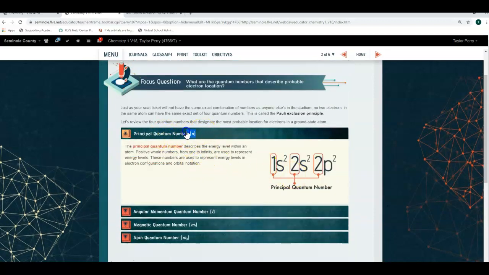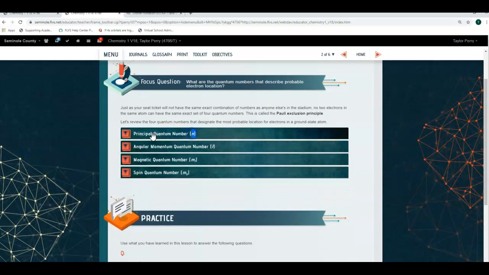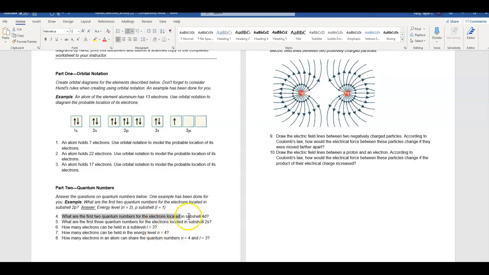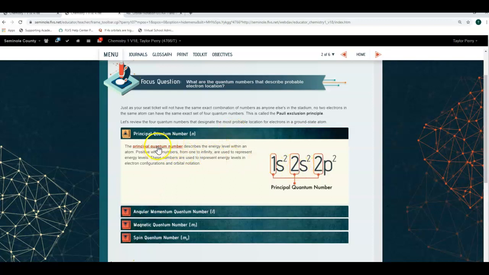The first number is the n, the principal quantum number. Well, it's pretty easy, right? See how it shows you, here's the principal quantum number? Well, it tells you right here, it's subshell 4D. Well, that 4, that's the answer right there, right? The principal quantum number, that's the first quantum number.